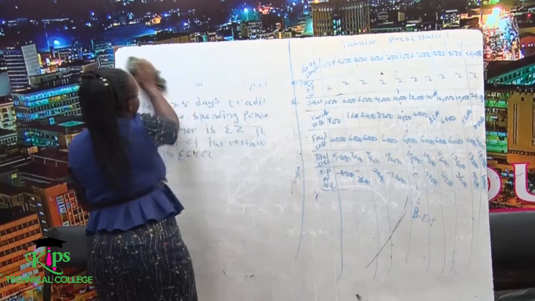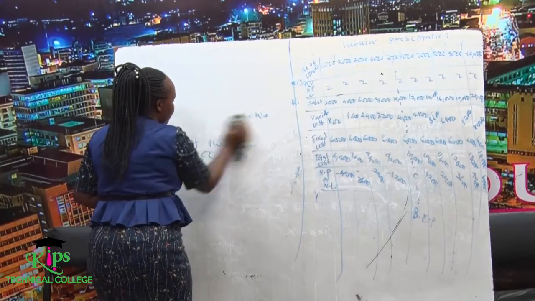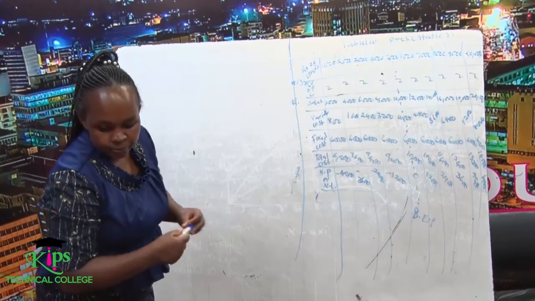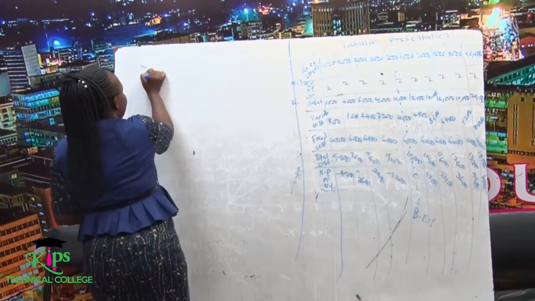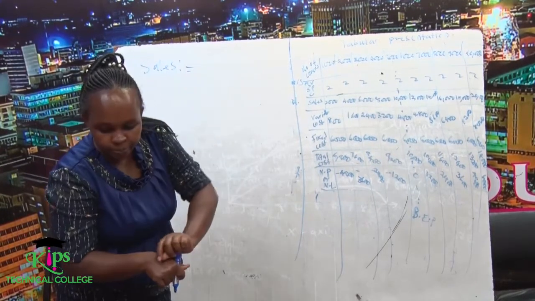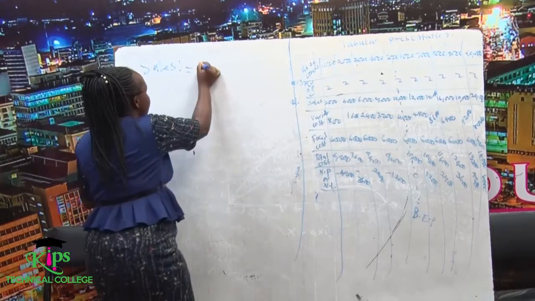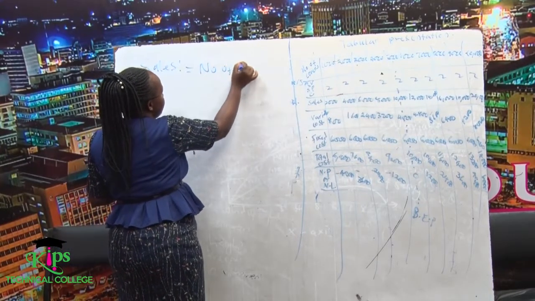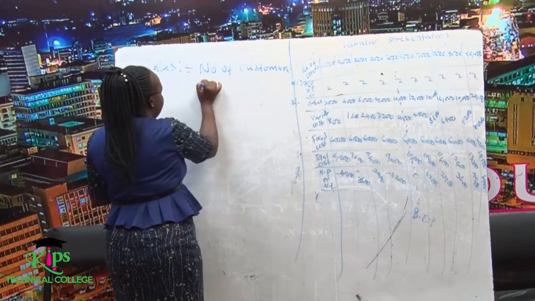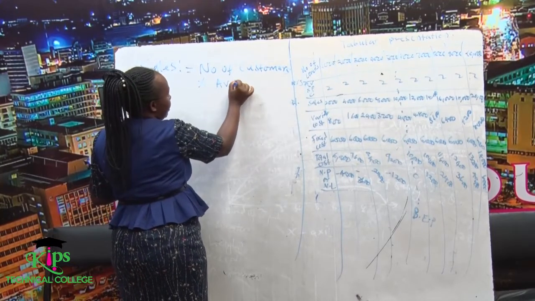Before you calculate, you are supposed to know the following. How do you calculate each? Now, sales. How will we calculate the sales? Sales will be equal to number of customers multiplied by average spending per customer.